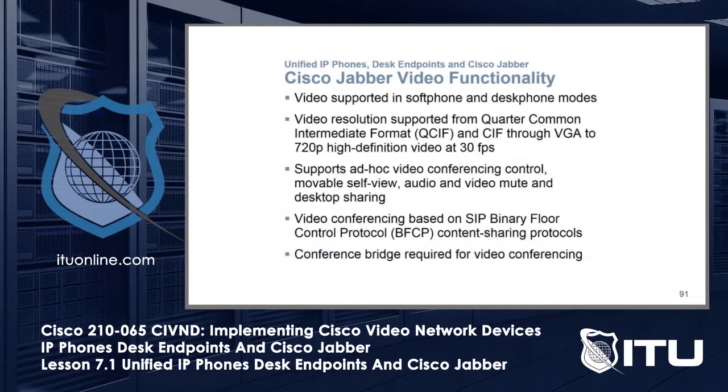The video resolution that's supported uses quarter common intermediate format, or what we call QCIF or CIF, and we can get, like I said, any resolution from VGA all the way up to 720p high definition video, again at 30 frames per second.